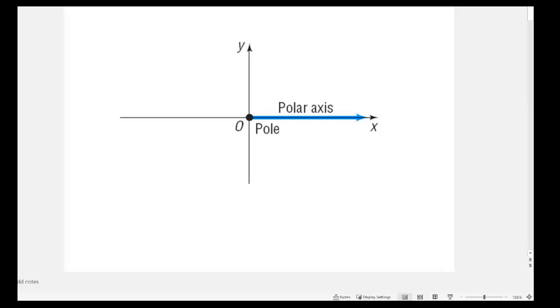We have our XY axis, but instead of calling it the origin when we're in polar, the center is called the pole, and the polar axis is our 0 degree line.